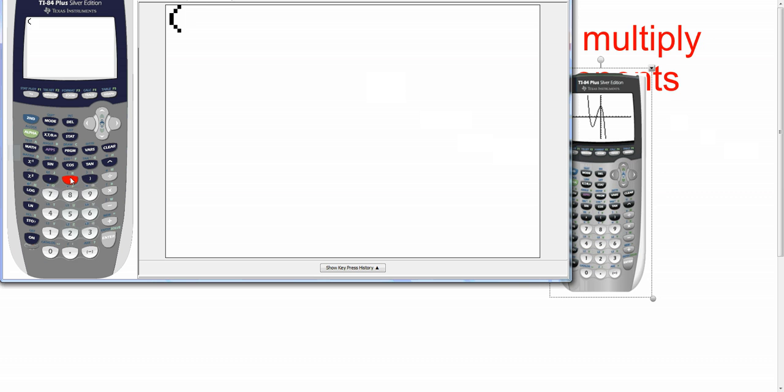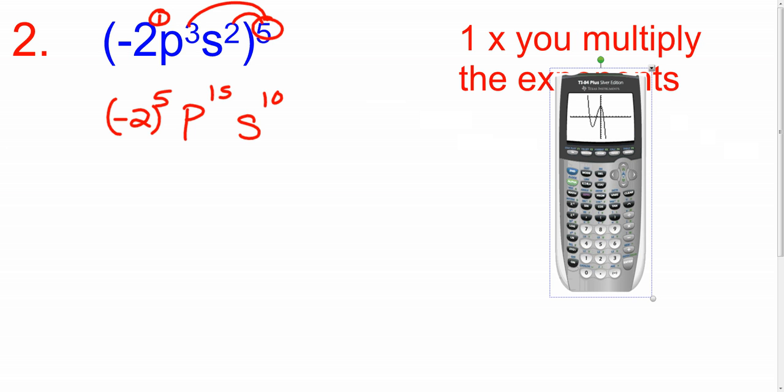So here's the parentheses, negative 2. And then this little caret key that's right below the clear button is your exponent key, and then the fifth power. And you can see that I would get negative 32 here. Why is it not letting me close this? There we go. So negative 32, p to the 15th, s to the 10th.